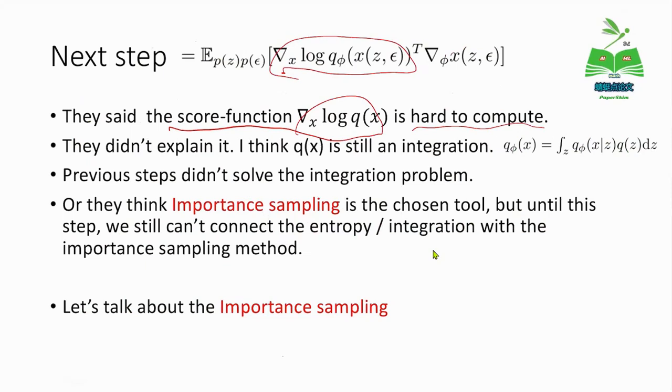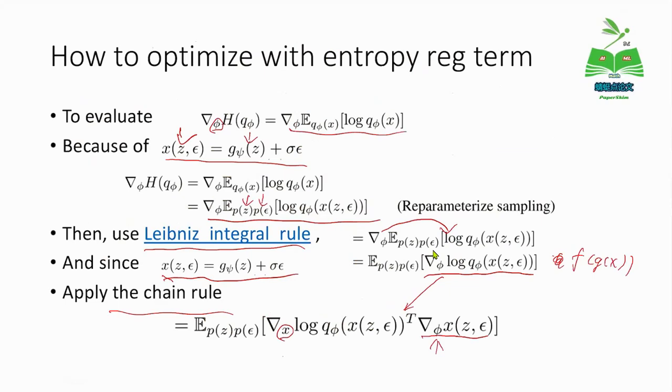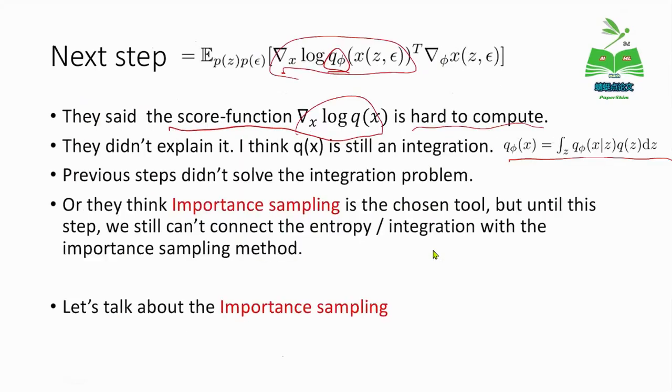They don't describe it in detail. I think it's because here Q_phi(X) is still an integration. So the previous derivation steps still didn't solve the integration problem.